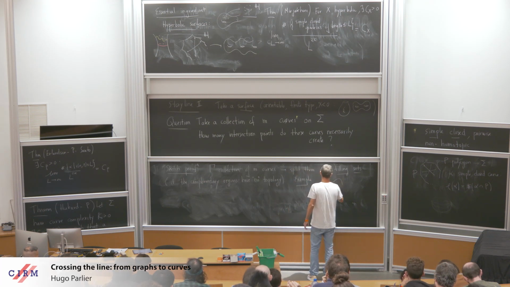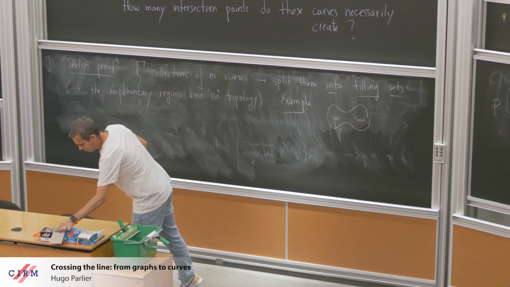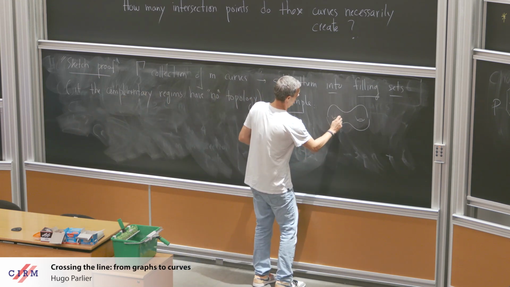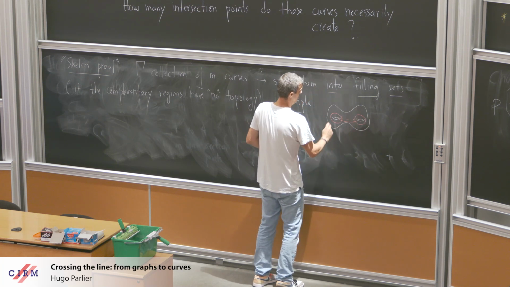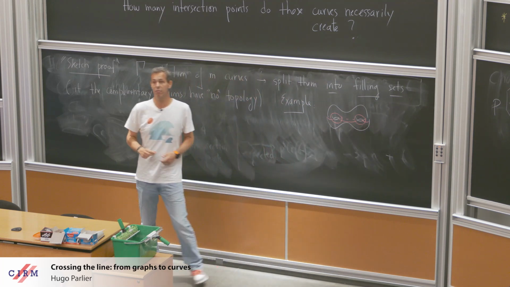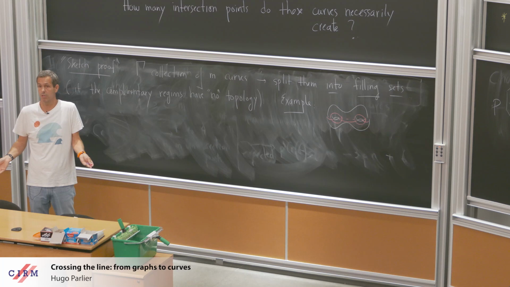If I'm in genus, then here's an example of a filling set. I take this curve, this curve, this curve, this curve, and this curve, and they fill, because if I cut along them, then what I get is two polygons.